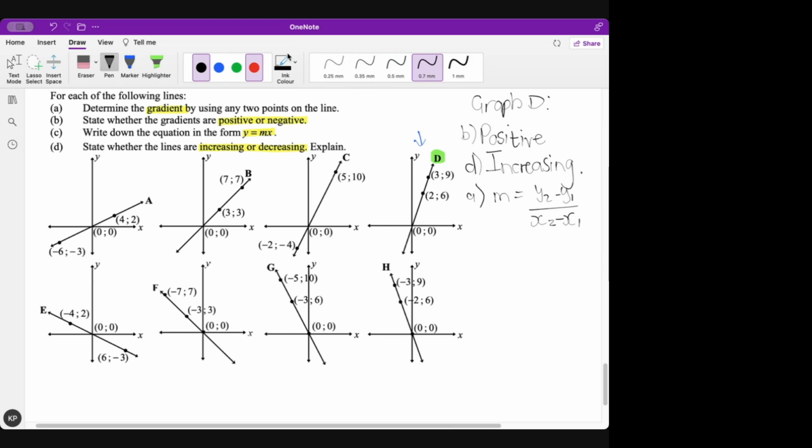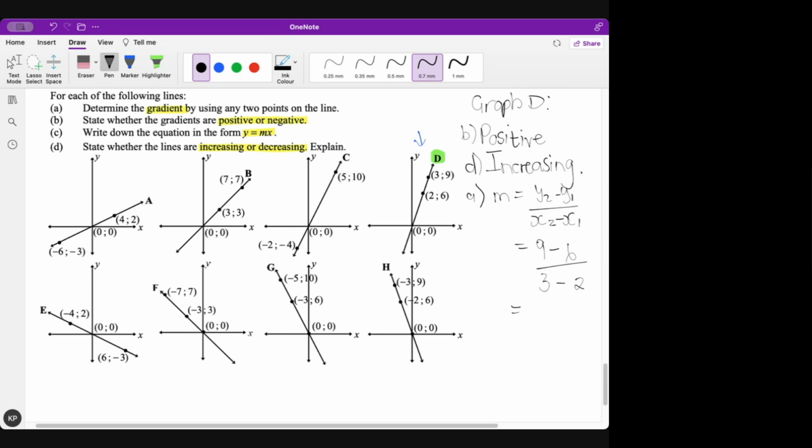Okay, so Nandi wants 9 to be y2, minus our y1, 6, divided by x2 will then have to be what? 3 minus x1, which will have to be a 2. Great.